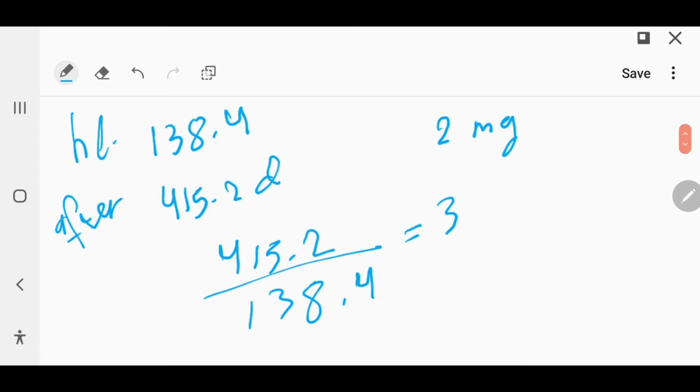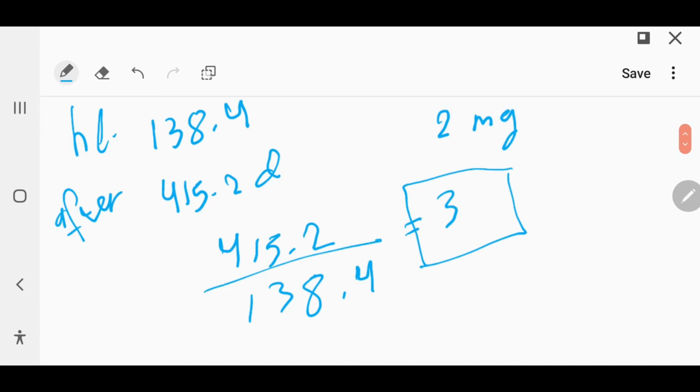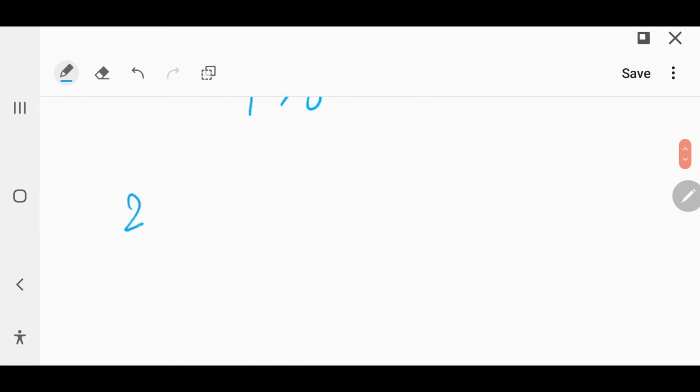So with 2 milligrams, at the first half-life we will have 1, at the second half-life we will have 0.5, and at the third one we will have 0.25 milligram.